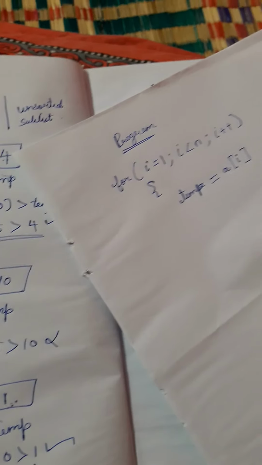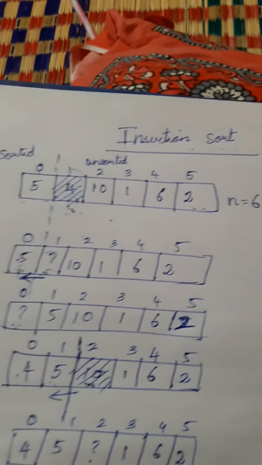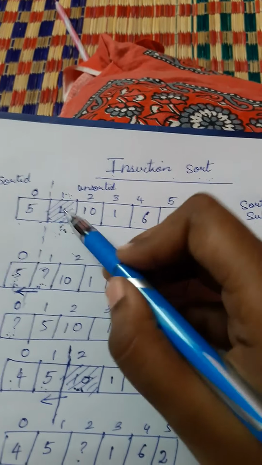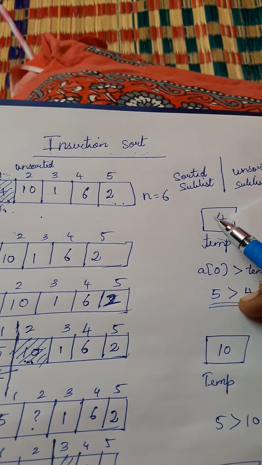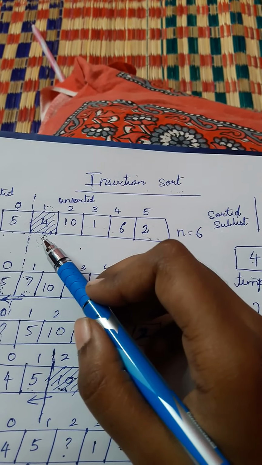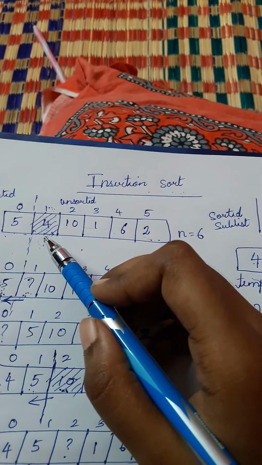Next step we are going to write j is equal to i minus 1. Why j is equal to i minus 1? We have already set the value temp is equal to 4, and we are going to compare it in this order, one by one. So j value will be compared in this order, decrementing one by one, so 1 will be decremented to 0, the 0th position. That is why I am writing j is equal to i minus 1.